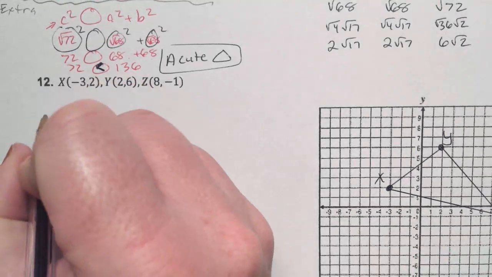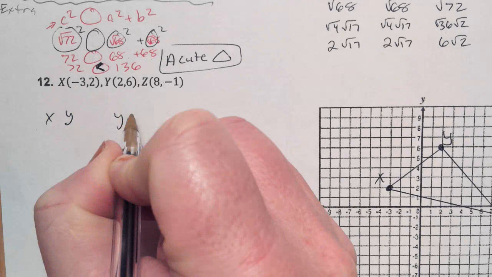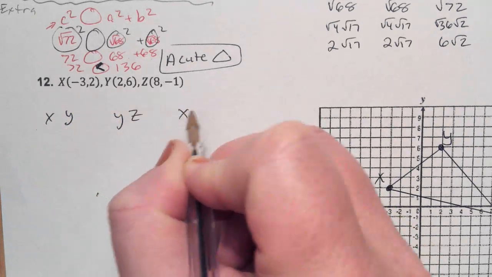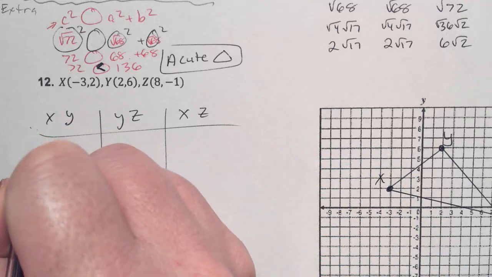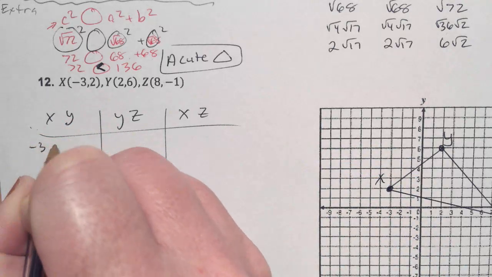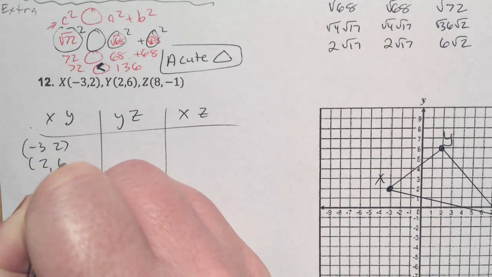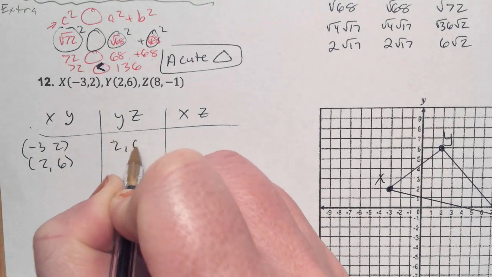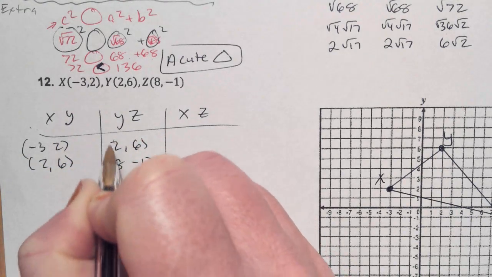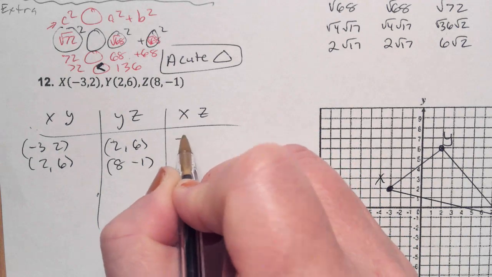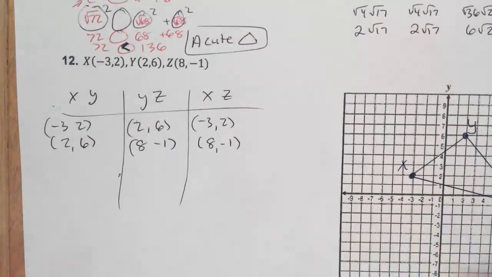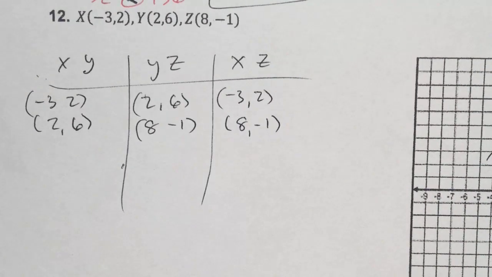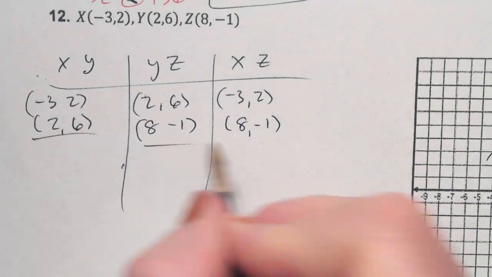So we're going to do X and Y, Y and Z, and X and Z. All right, so we have -3, 2, and 2, 6. We have 2, 6, and 8, -1. And X is -3, 2, and Z is 8, -1. All right, so I'm going to find all these little side lengths.